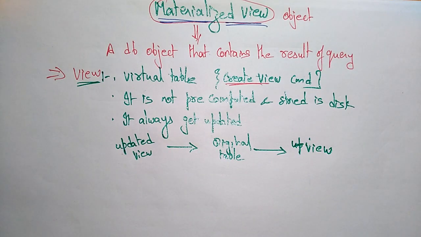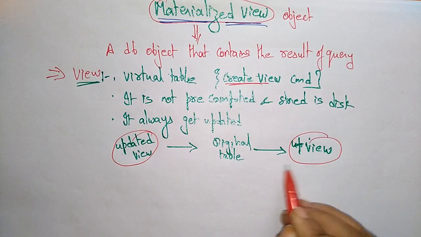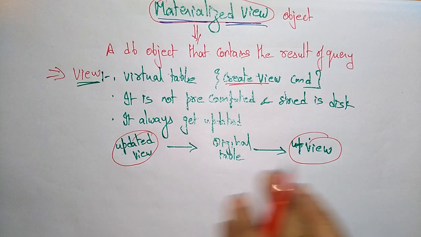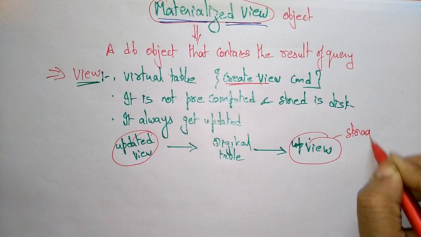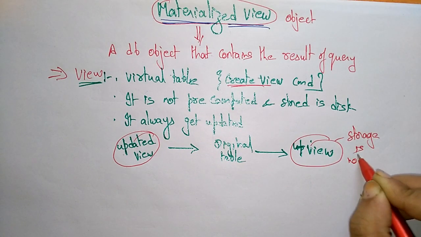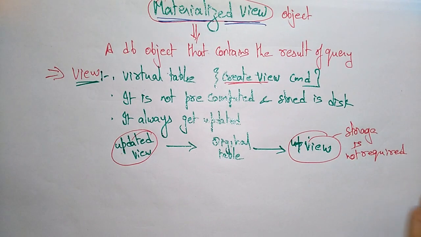It only stores logically. It's not real, it's only a virtual table. The view is only a virtual table, so storage is not required. Only virtually it is present, the view.